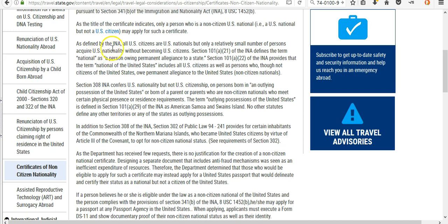They say, as defined by the INA, all U.S. citizens are U.S. nationals, but only a relatively small number of persons acquire U.S. nationality without becoming U.S. citizens. That's a serious statement right there. That's a real serious statement.